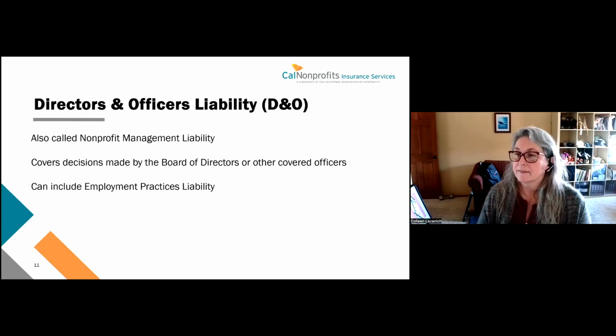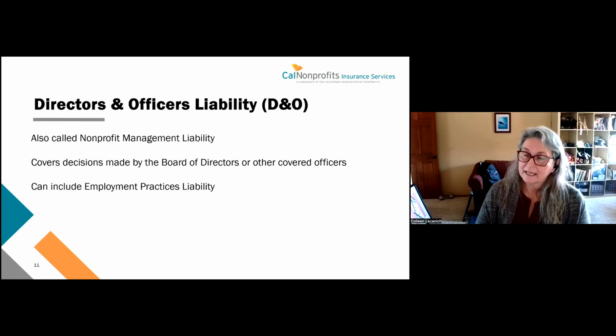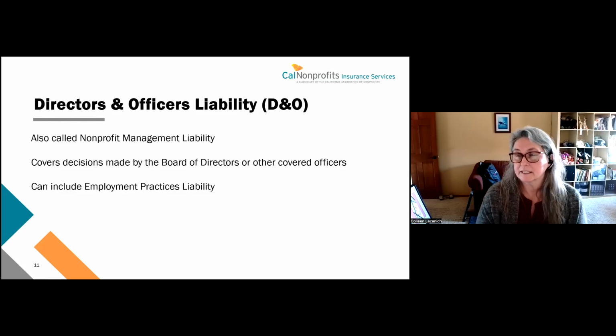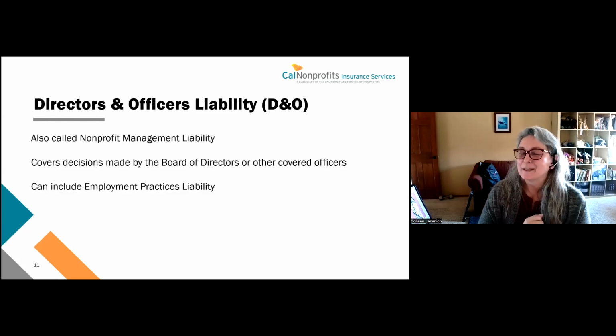Others are claims-made: the claim must be made and the event or the situation had to have happened during the policy term or during the period that's listed on the declarations page for prior and pending litigation dates. And if it's outside of those two dates, it's not covered. An incurrence policy would be the policy in force at the time of the incurrence. It doesn't matter when the claim was made.